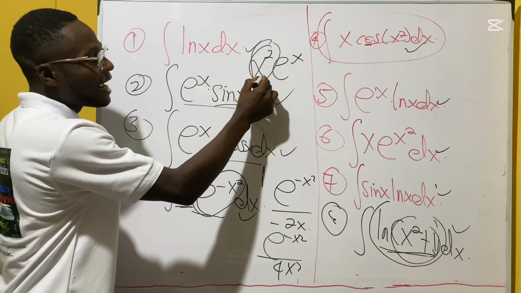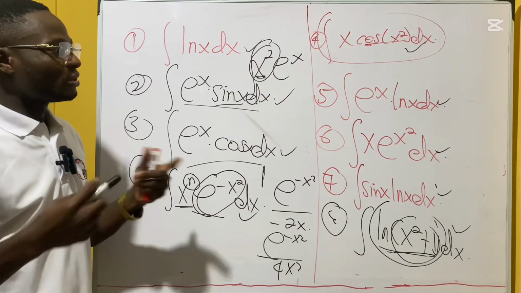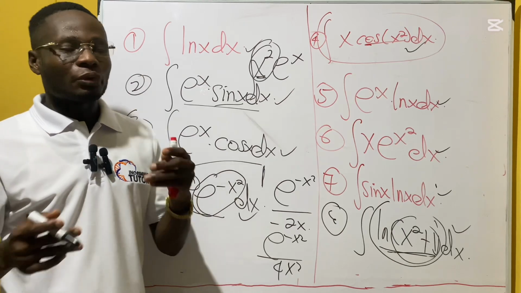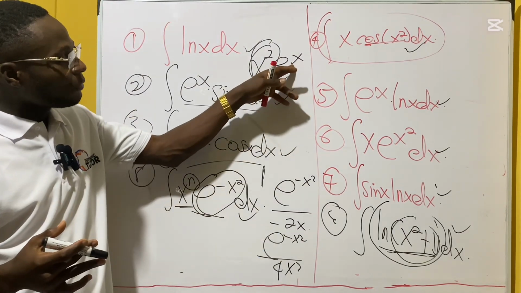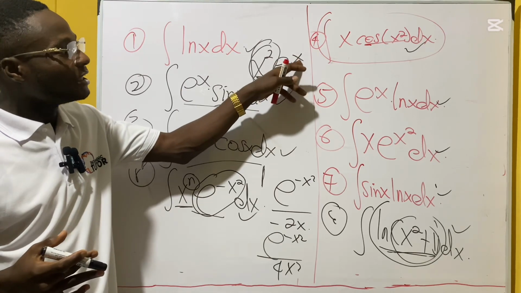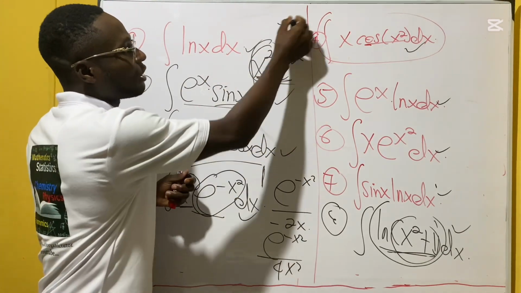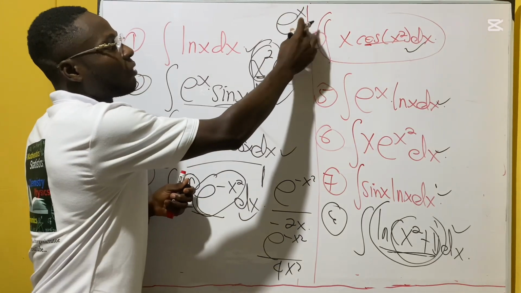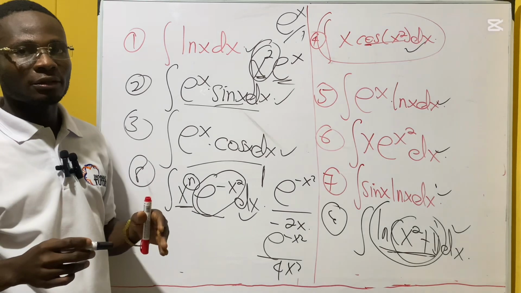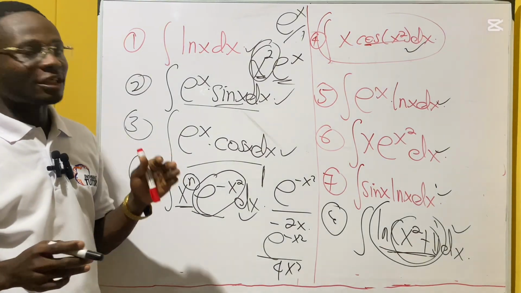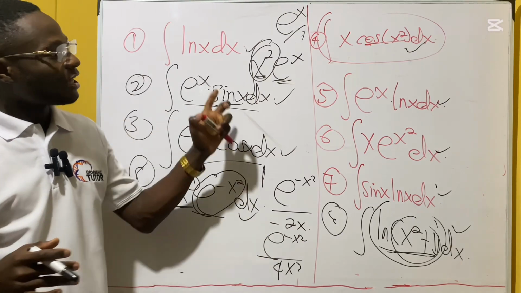When you have x doubled, that is when most times the tabular approach is applicable. You see, we have e power x, not e power x squared, so when you integrate this, you are going to have e power x over 1, not over 2x or something. You understand? That is how we apply the tabular approach.